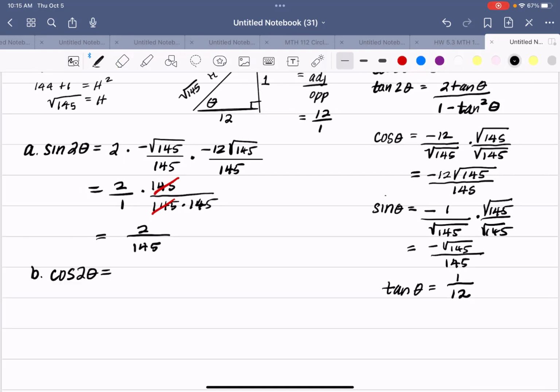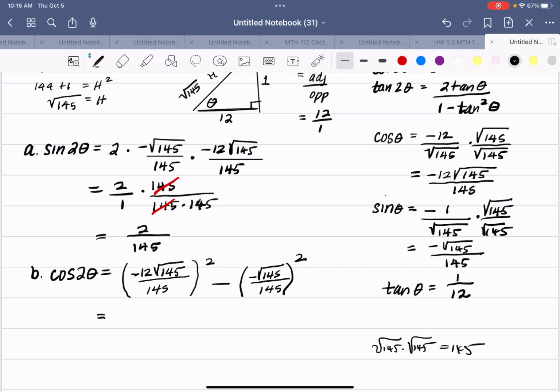So my formula for cosine 2 theta is cosine squared theta minus sine squared theta. So cosine squared, minus 12 square root of 145 over 145, squared, minus sine theta, negative square root of 145 over 145, squared.